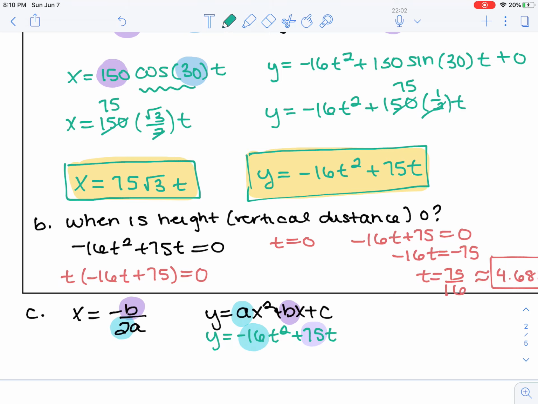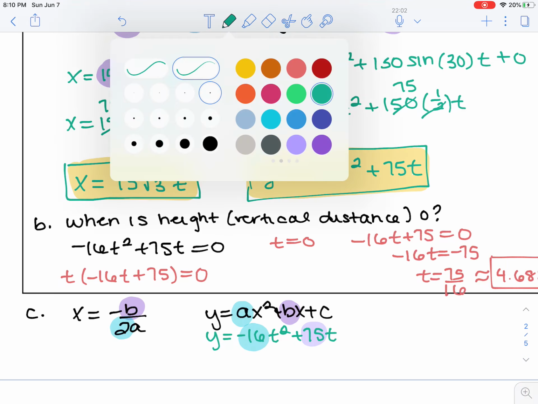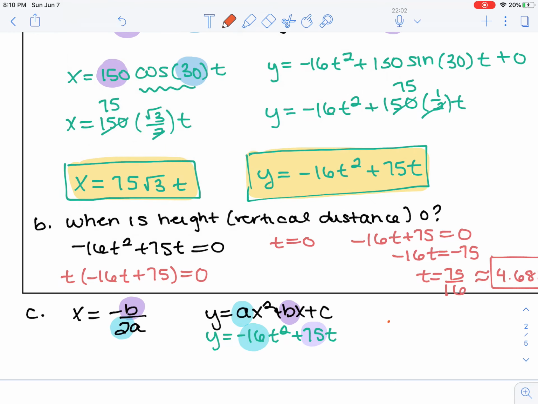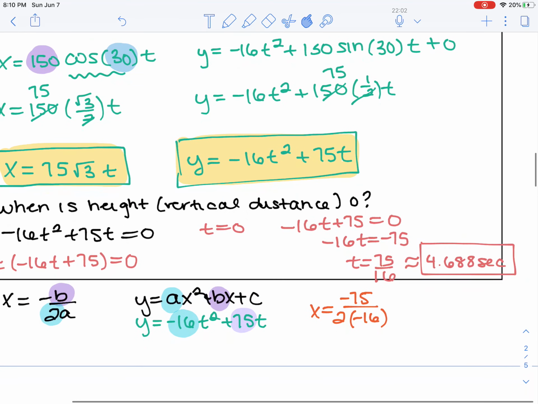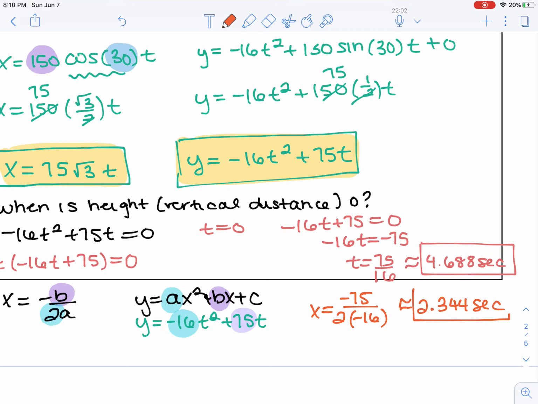So the x value at which this is happening is x equals negative 75 over 2 times a, which is negative 16. Okay, so our golf ball is hitting its maximum height at a time of 2.344 seconds.